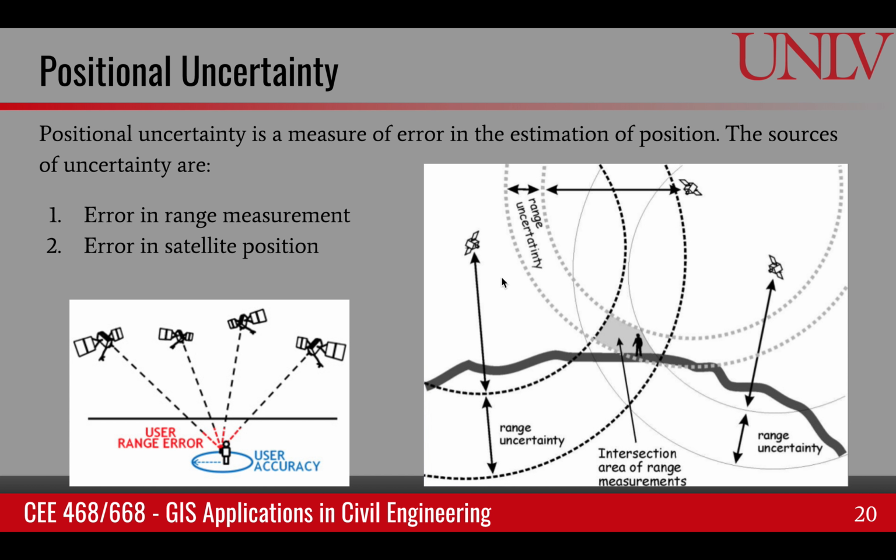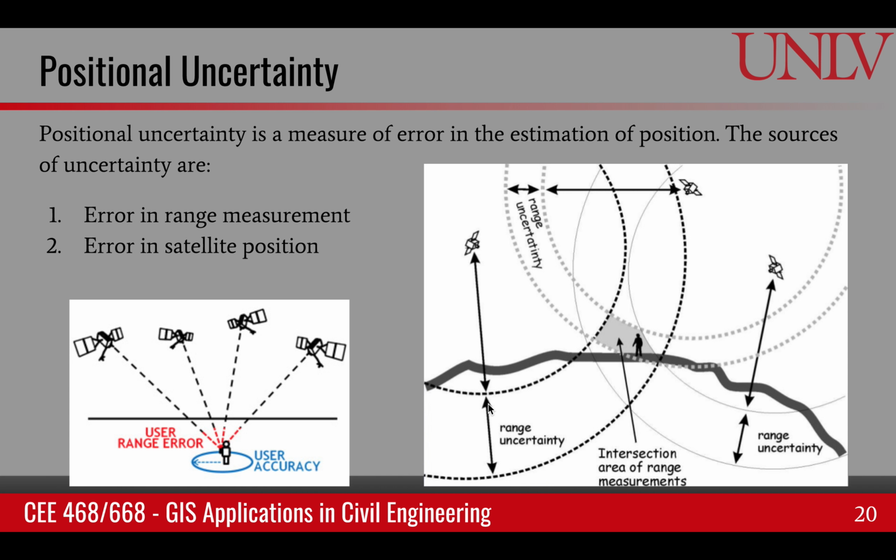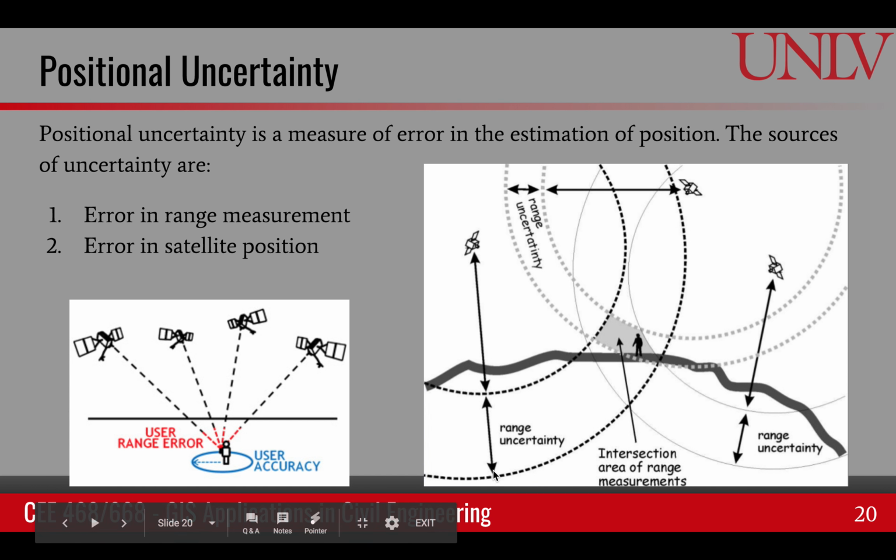Let's say the range from the satellite is, as we said, 12,000 miles. Instead of that, we will have 12,000 miles, or between 12,000 and 12,001 miles. And this is the range uncertainty that ends up getting introduced.